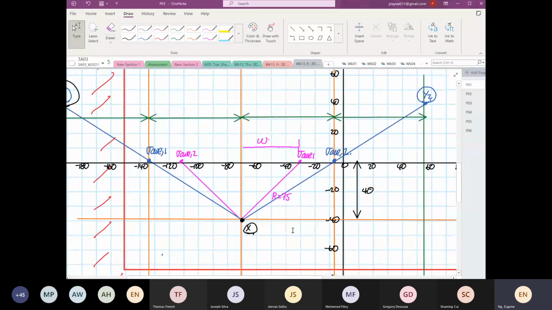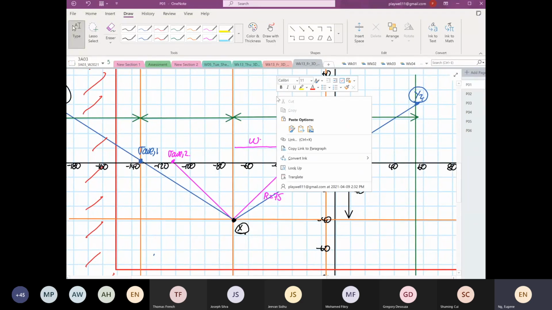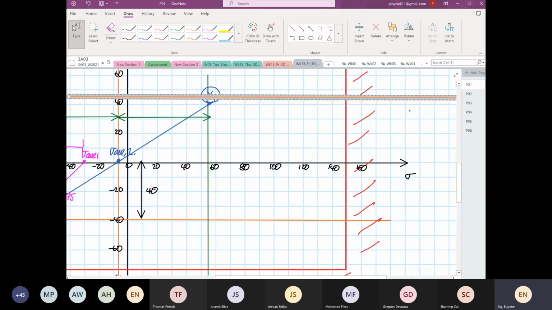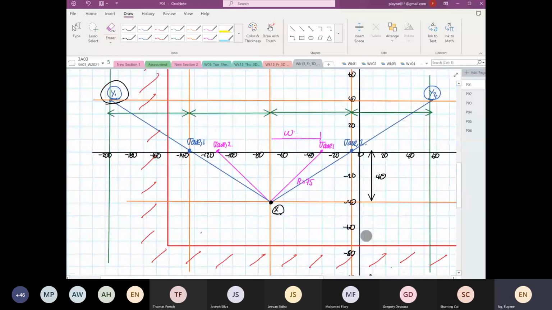After getting omega, I realized something was missing when I started plotting this curve. Hold on. After we got omega, we are able to find the position of our average stress. So we found average stress 1 over here, and average stress 2 over here.